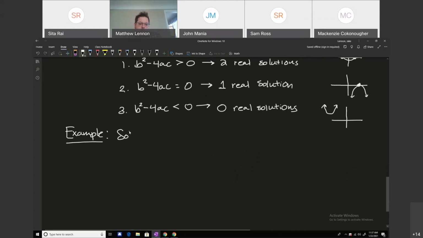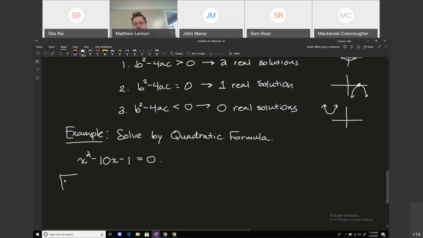So solve by the quadratic formula: x squared minus 10x minus 1 equals 0. So again, I'm just going to identify.